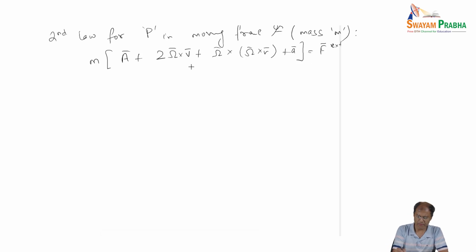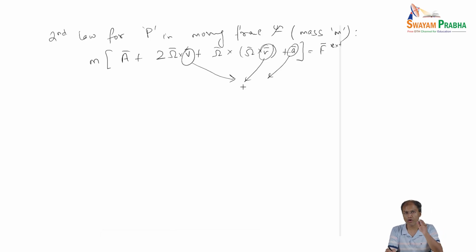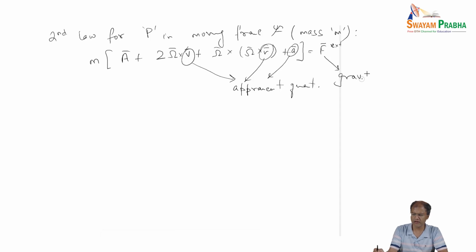Again, these quantities R, A, and V, I have dropped the primes, but these are apparent quantities in the projectile frame. And this is typically the gravitational force exerted by the Earth itself.